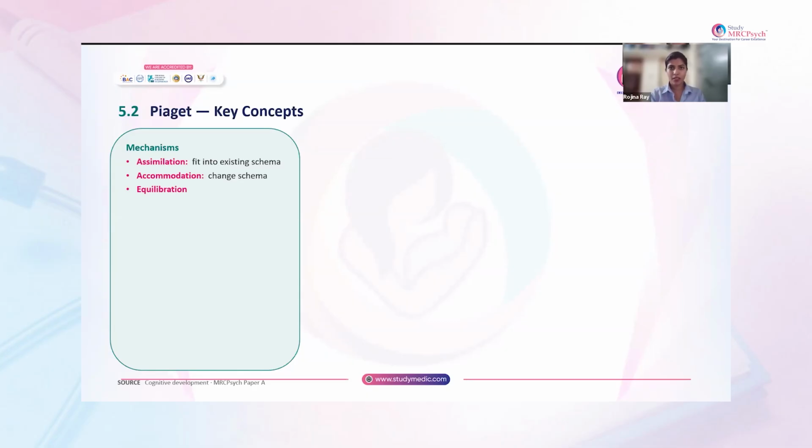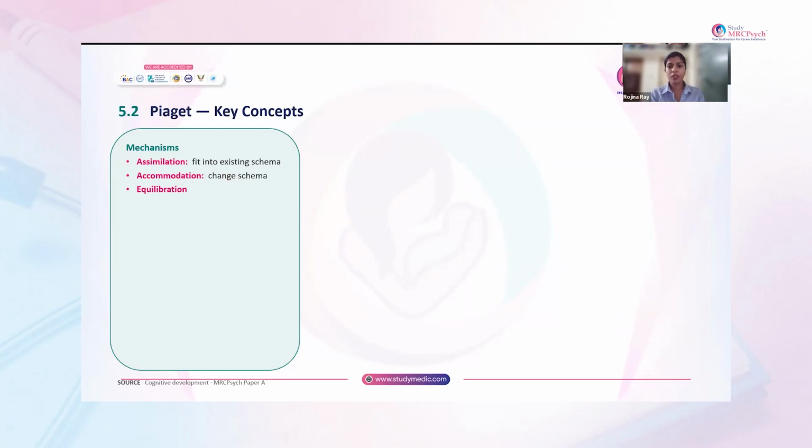The cat has 4 legs, but it doesn't match the schema, because the cat looks different from the dog. So he has to change the schema to fit the cat. The child will change the schema so that both cats and dogs may have 4 legs, but the dog barks.